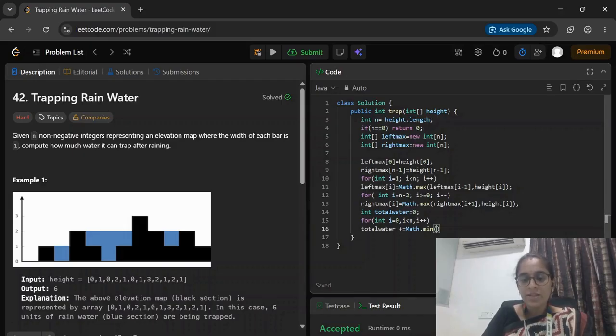So how to write this? We take the left max and right max, and with the position's left max and right max, we subtract the height of the current position.